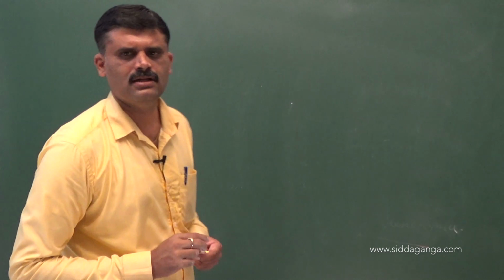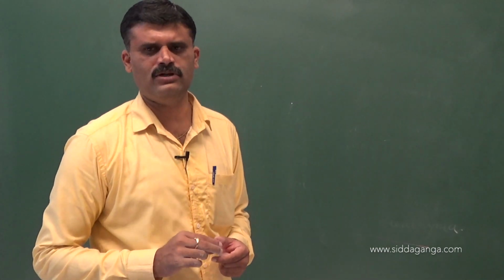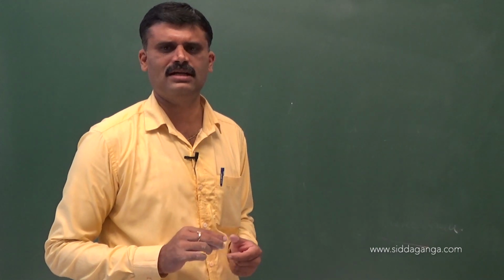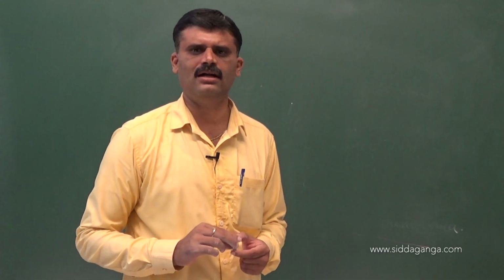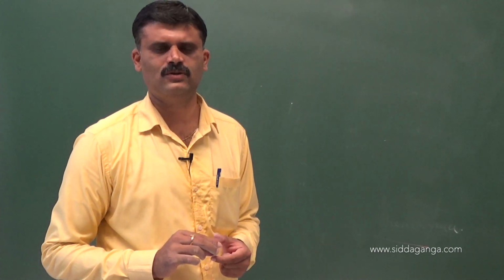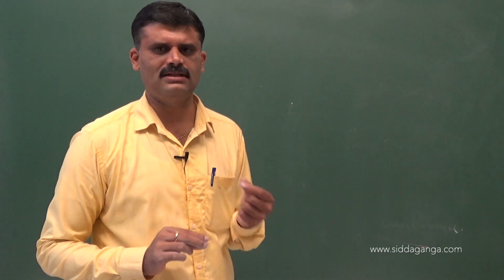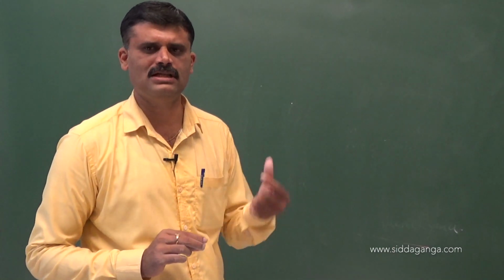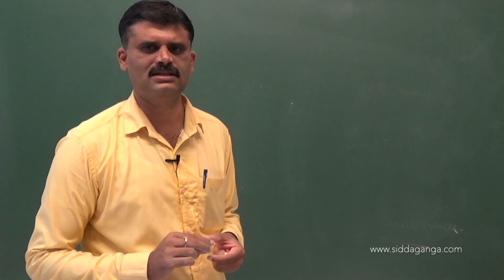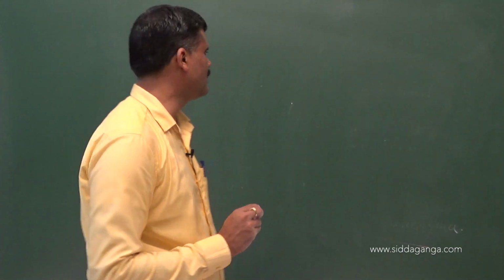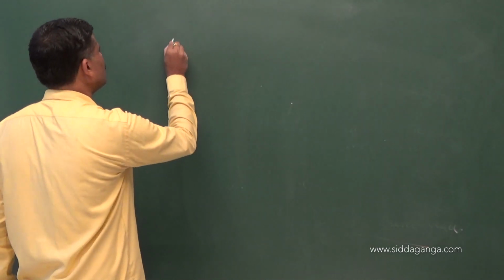Finally, the lignin deposition occurs in different manner inside the tracheids and vessels. Based on the pattern of arrangement of lignin deposition inside the xylem vessels, the tracheids or vessels are of different types.